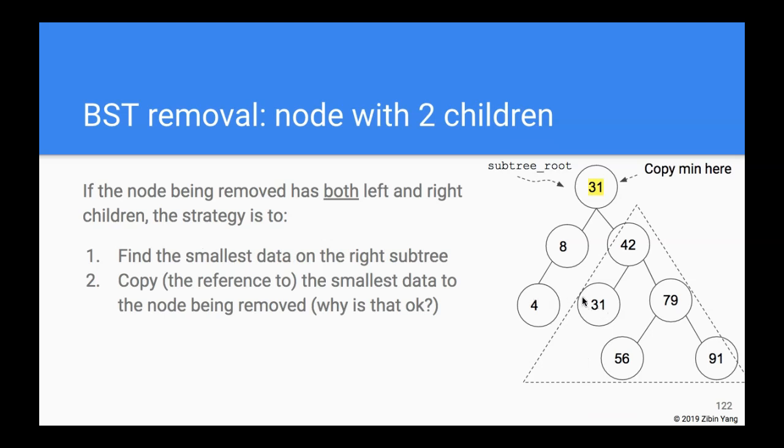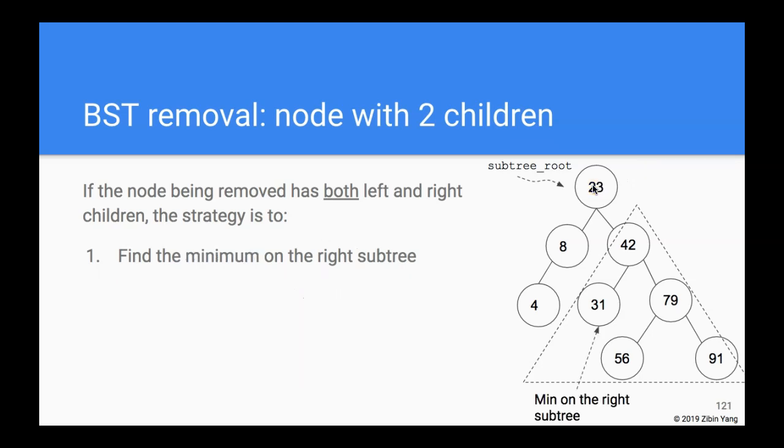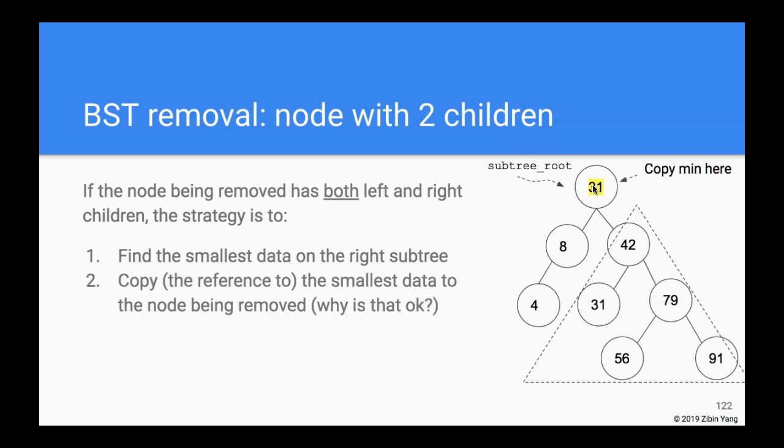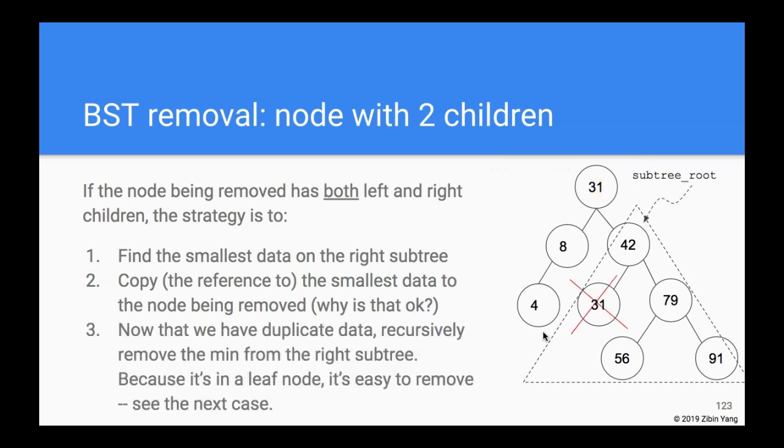The next step is we copy this minimum, 31, to the node that is being removed. So we're copying 31 to this node, which previously contained 23 and which we're trying to remove. I'll leave it to you to figure out why that's okay, but hopefully it's obvious.